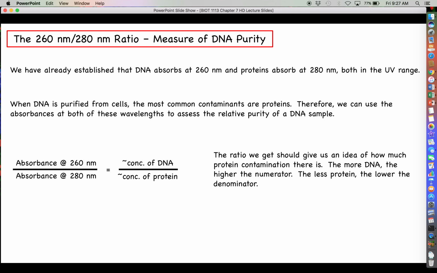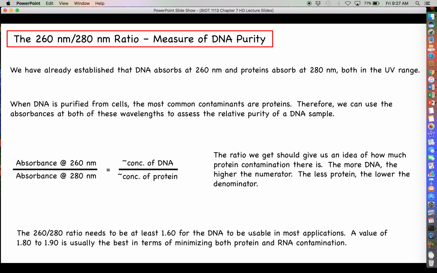So whatever ratio we get should give us a general idea of how much protein contamination there is. The idea here is that the more DNA and the less protein there is, the higher the ratio should be, because the more DNA, the higher the numerator is, and the less protein there is, the lower the denominator, both of which would cause the ratio to be a bigger number.